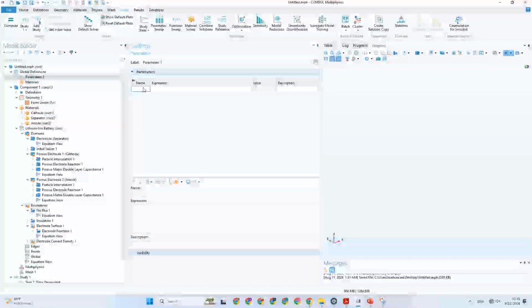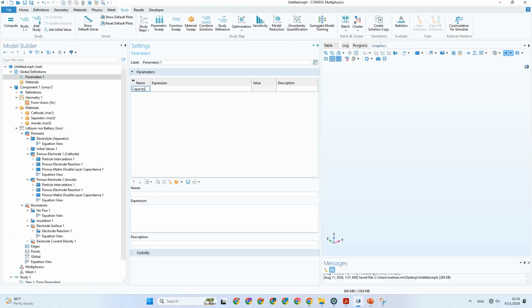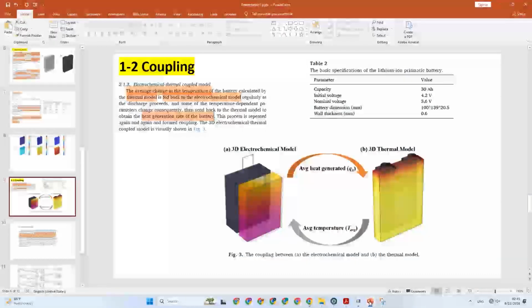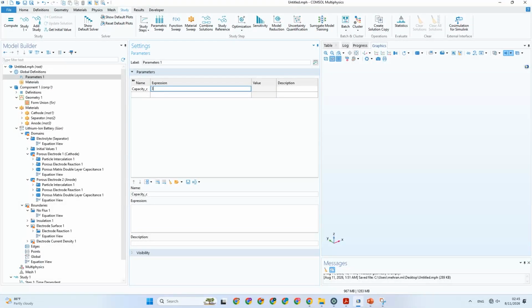I define, for example, capacity C, with the initial value of 30 Ah, 30 Ah, multiplied by the mass, and we call it cell capacity.